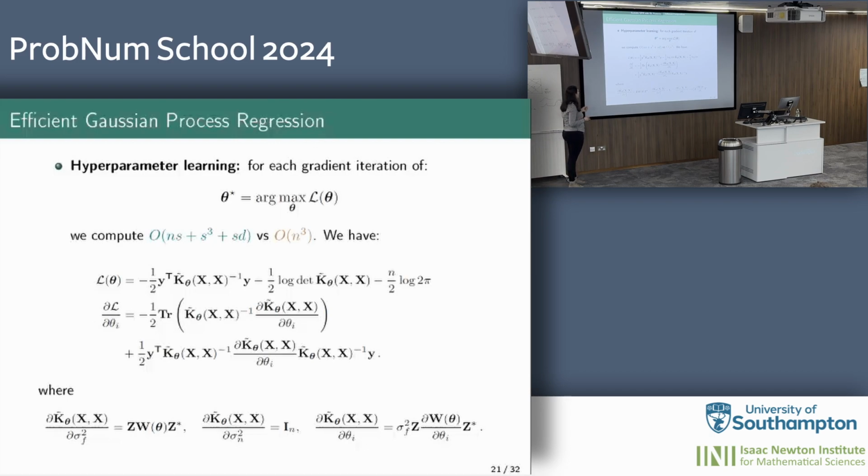So for example, for the hyperparameter learning, instead of doing it naively and using a cubic number of computations in n, basically we have nS plus n to the third plus Sd, and d is the dimension, of course.